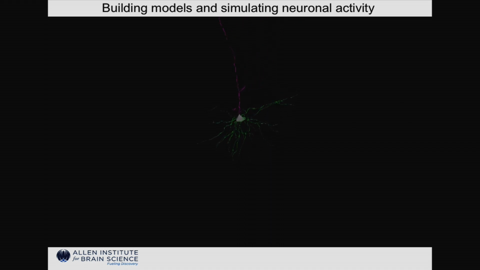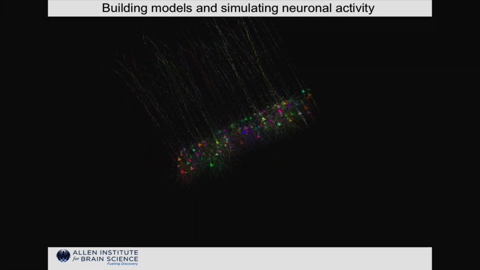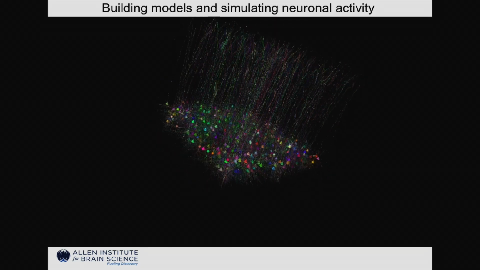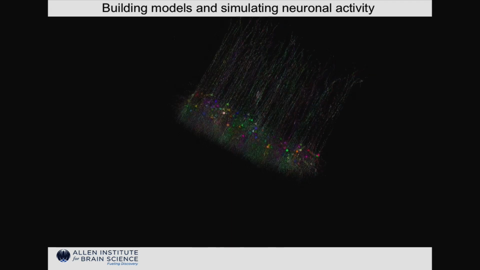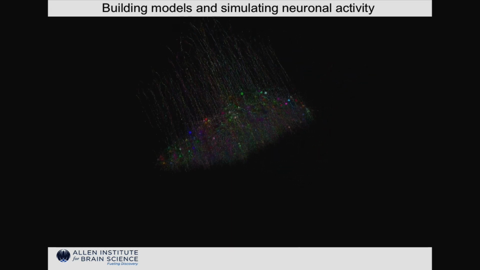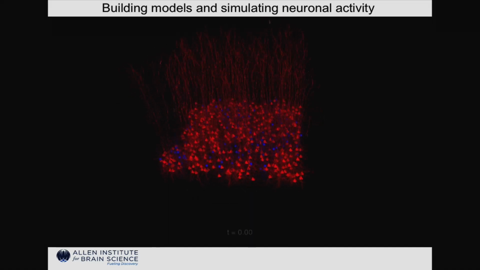This movie shows very dimly an example where we are trying to build a model of layer 4 of the primary visual cortex in the mouse. This is preliminary work. We start with just 2 model cells, a pyramidal excitatory cell and an interneuron, and we put them together. We replicate them many times over to create a system of about 10,000 cells.